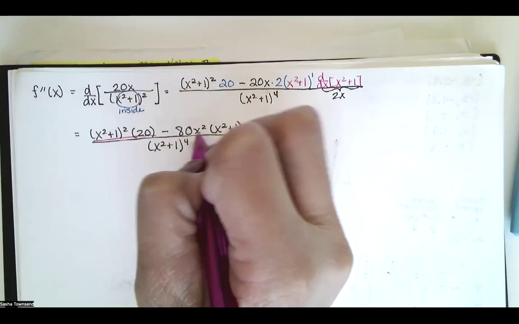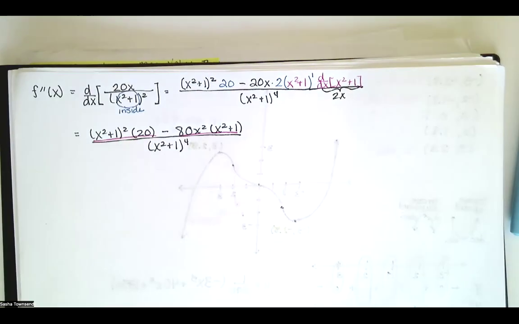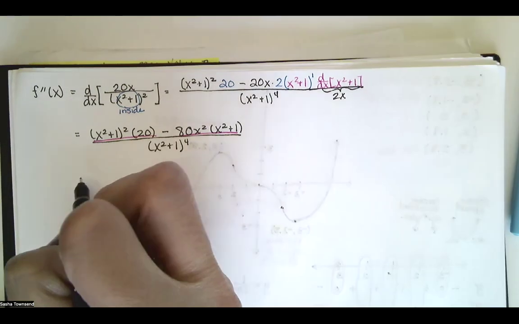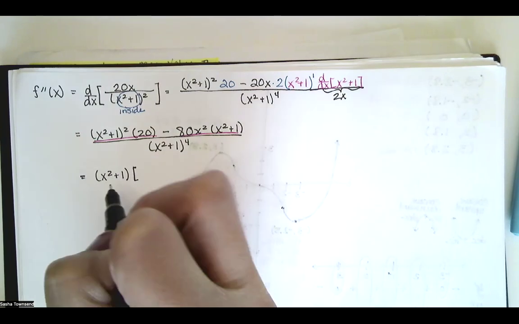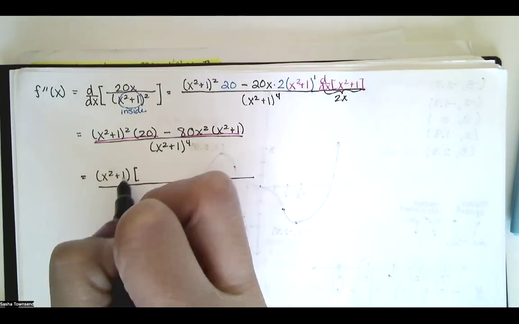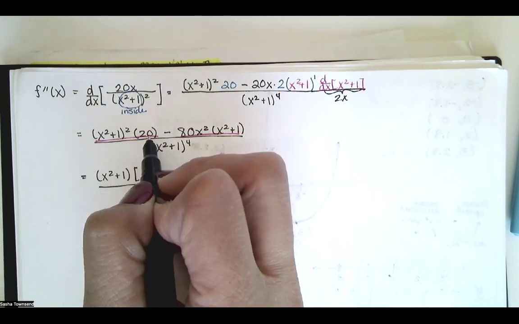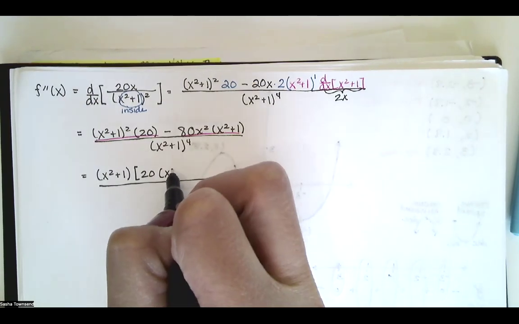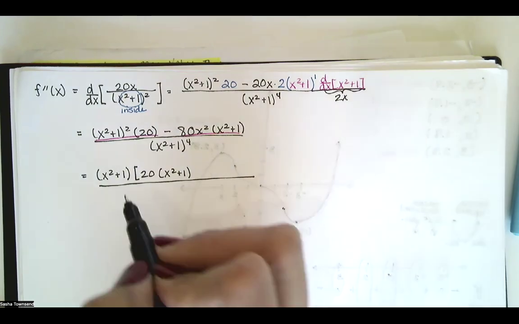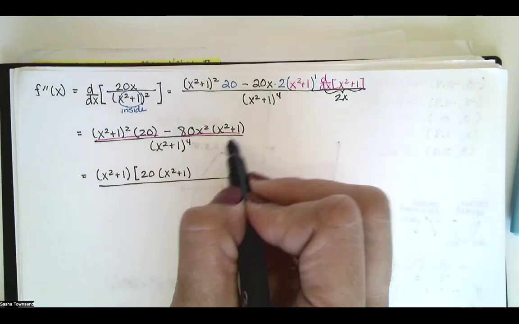When I look at this term and this term, they both have an x squared plus 1 in common. So I can factor that x squared plus 1 out. And then I just ask myself, x squared plus 1 times what will give us this? Well, we need the 20, and we need another x squared plus 1. And then I say x squared plus 1 times what will give me this?